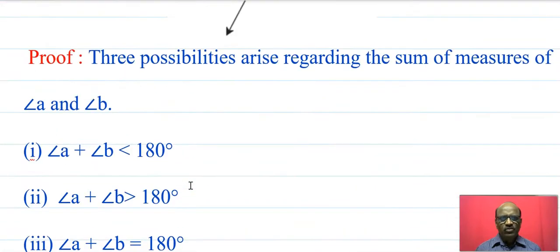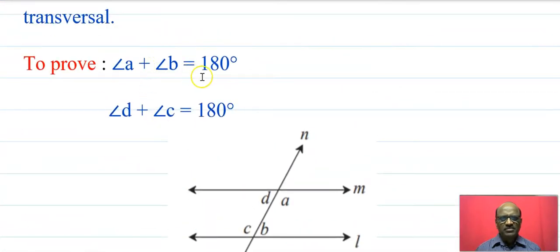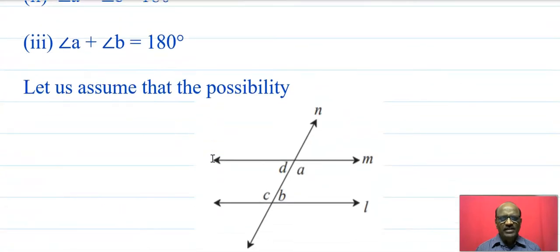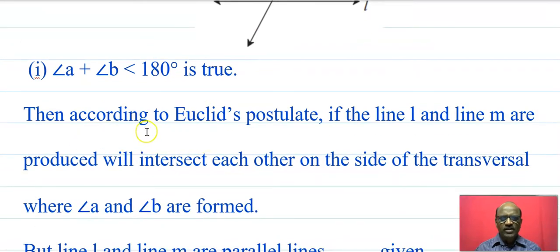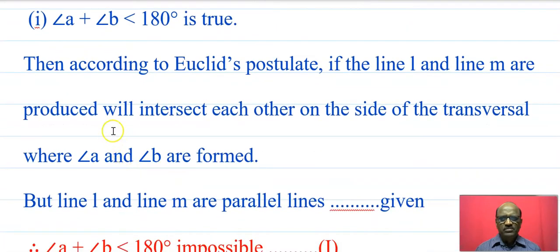Note that we want to prove that the measure of angle A plus B is equal to 180, but we are assuming that it is less than 180. According to Euclid's postulates, if lines L and M are produced, they will intersect each other on either side of the transversal where A and B are formed.